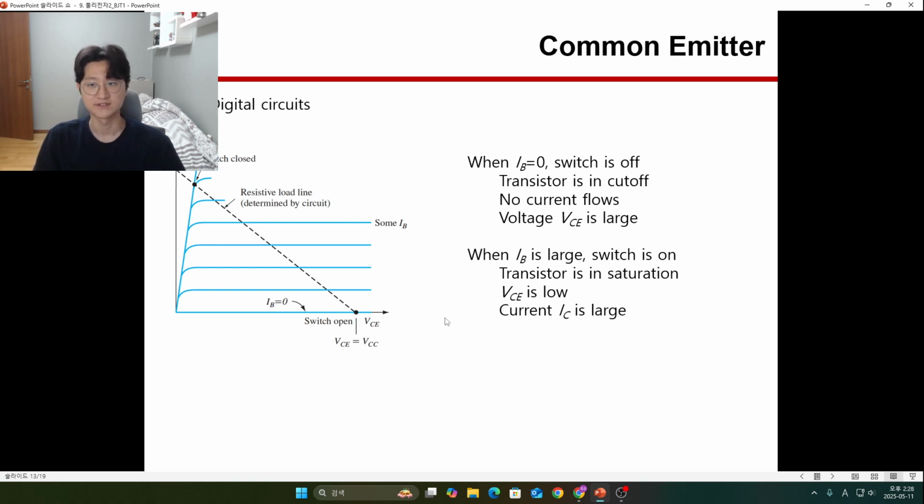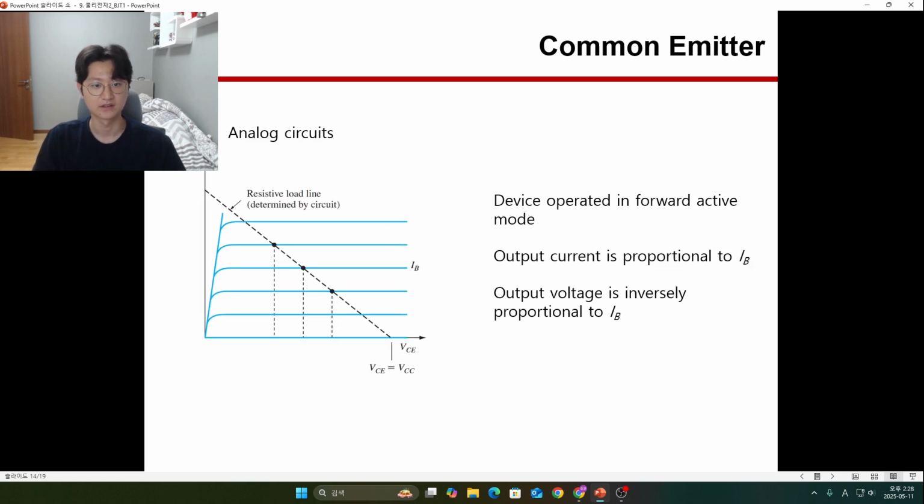That means this BJT acts like an inverter. So this is a digital circuit, and this is the way of using it as an analog circuit.